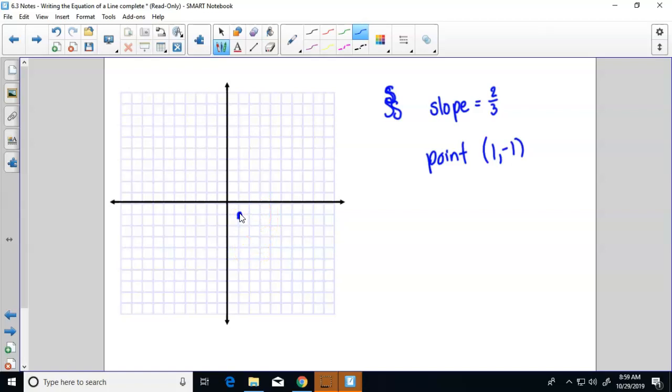With a slope of 2/3, that would be up 2, right 3, up 2, right 3. I'd go down 2, left 3.